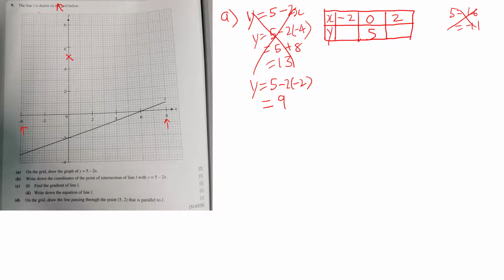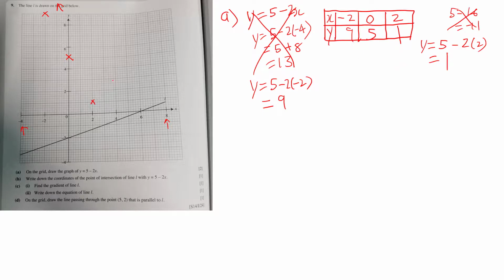Just scraping the top down here. Okay, -2, 9. Then when x is equals to 2, 5 minus 2 times 2, which will give me 1. So now I have all my 3 points.